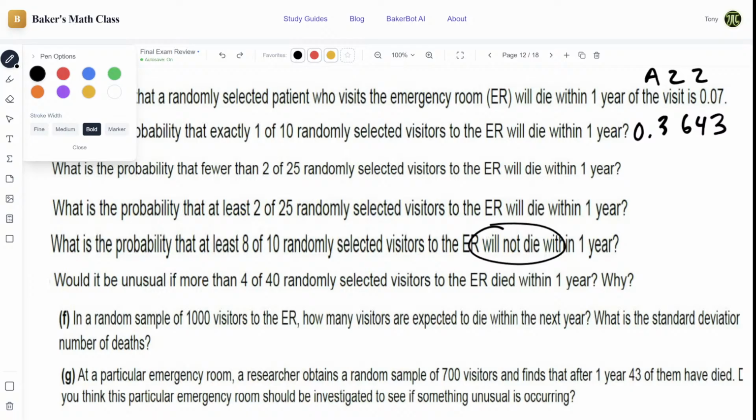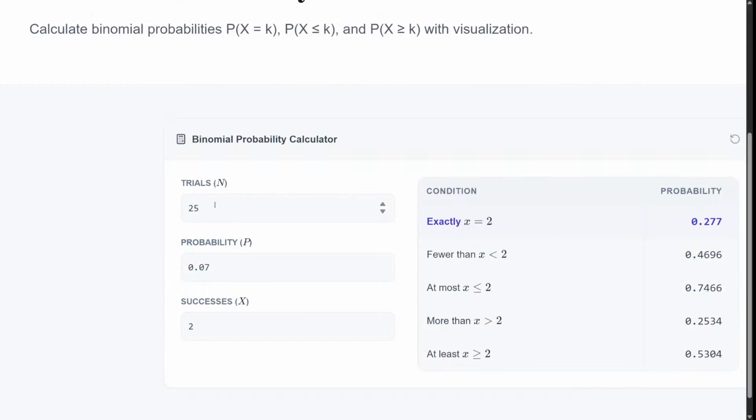This one switches it to will not die. So what I would do is 8 out of 10. I would change that to 0.93, because now I'm looking at alive.